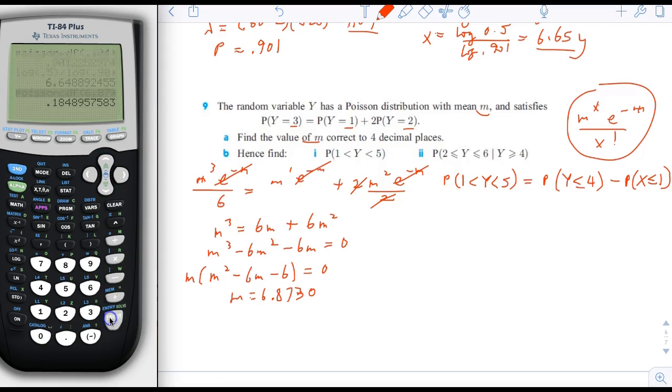And now I'm just going to repeat it, and I'm going to put 1, and then I'm going to subtract that from the other. So this minus this, 0.7, okay?